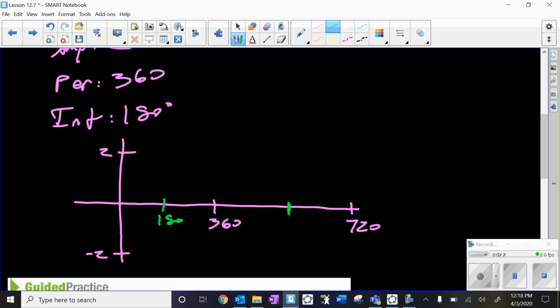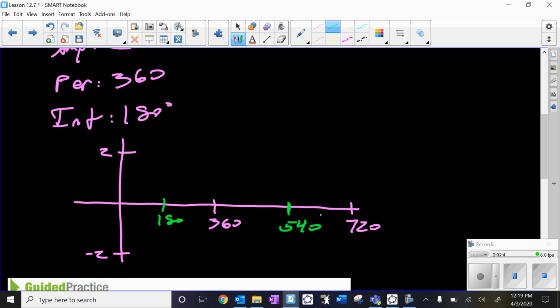You can take 180 and add on another period, which would get us 540. I believe. I'm going to double check that, but I believe that's correct. That is correct. So we know now that we can graph a few points in here.